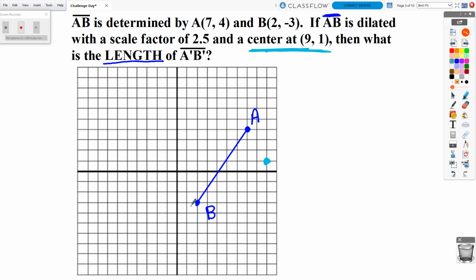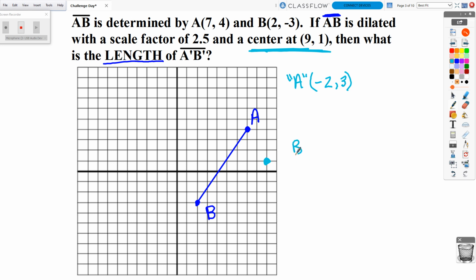So instead of dilating a triangle, we just have basically one side of a triangle, right? So we're just going to dilate A and B, but we're going to need to use some pretend coordinates because we're not centered at 0, 0. So A is pretending to be where exactly? Remember, we've got to start from here at 9, 1. So A is pretending to be at -2, 3.